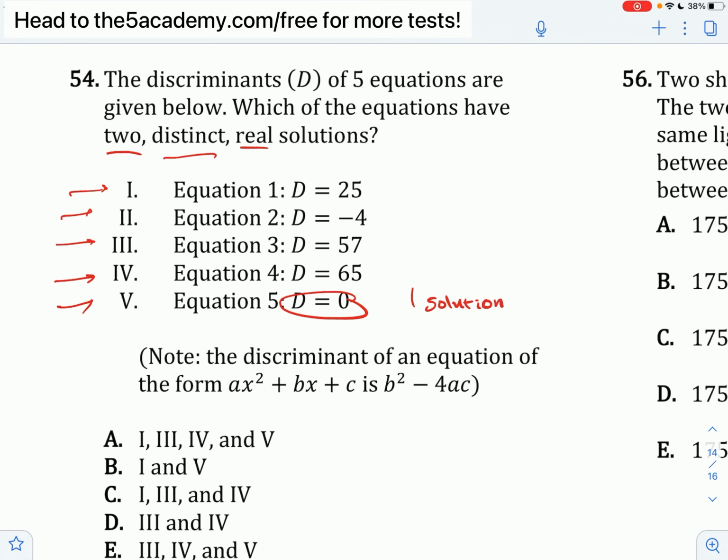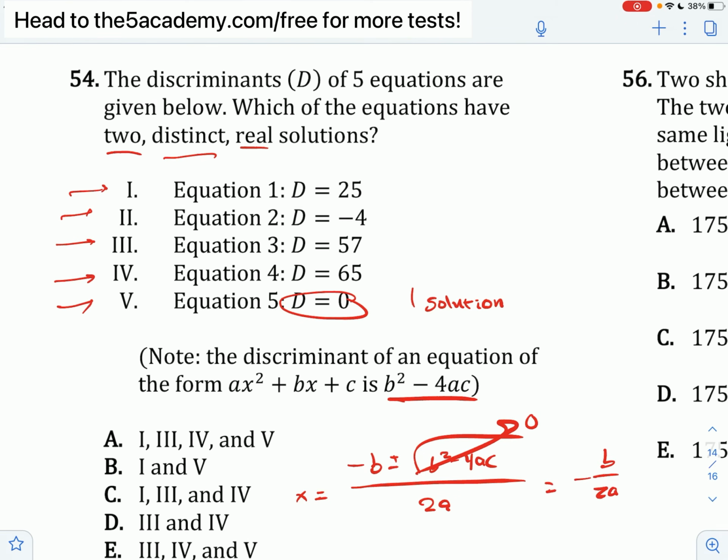If you do the quadratic formula and the b squared minus 4ac part, the discriminant, is 0, that part goes away, and your only x-intercept is just negative b over 2a. That means you get one solution, and it's just whatever that value is.